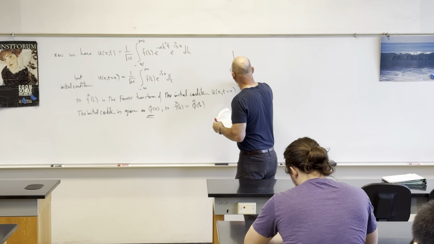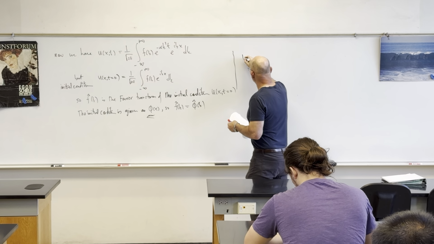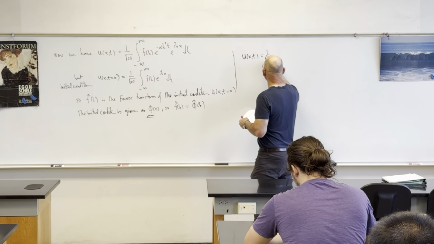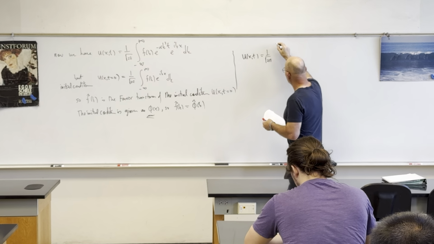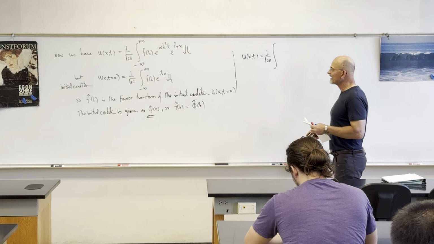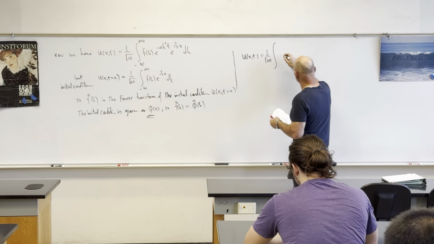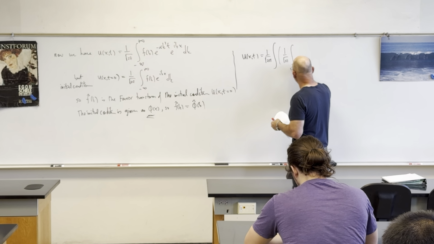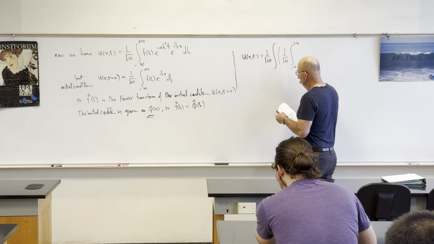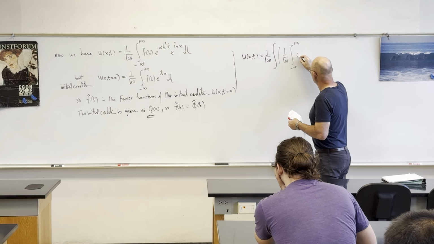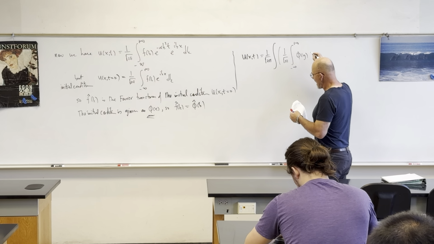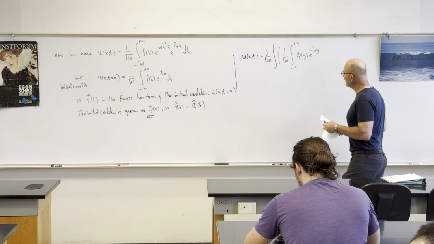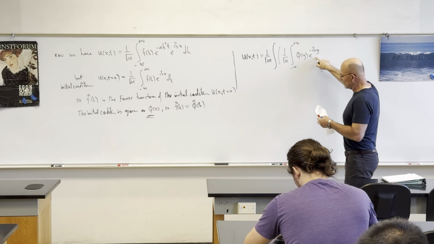So putting these things in here, we're going to have u of x and t equals 1 over root 2 pi integral. But now we're putting in that Fourier transform. The Fourier transform itself is 1 over root 2 pi, again integral from minus infinity to plus infinity, phi of y e to the minus i k y dy. I need to use a different integration variable.